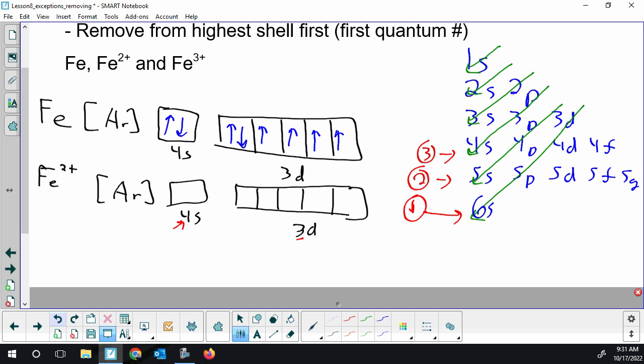This is Fe2+, so we're going to lose 2 electrons. So if we start in 4s, there's 1 gone, there's 2 gone. We're going to take away both of those electrons. That will make it 2 positive. All the 3Ds stayed, all 6 of them. That's the electronic configuration for Fe2+.